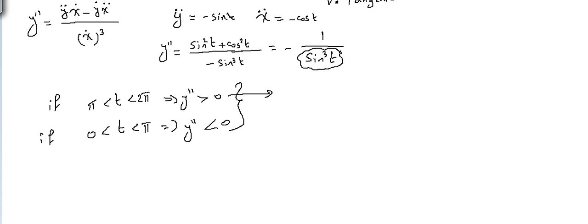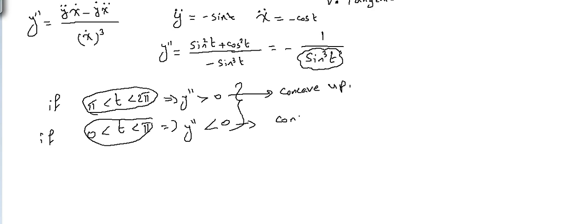Second derivative is positive, so concavity is up, where t is between pi and 2 pi, and it is concave down, because it's negative, where t is between 0 and pi.